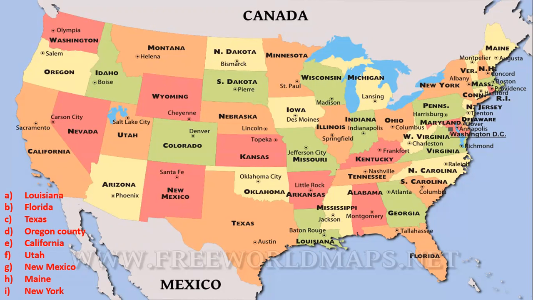Utah, California, and New Mexico, all these three were ceded by Mexico in 1848. And Mexico was purchased in 1853. Maine, New York, California, Florida, and Texas, these you have to locate. So all these you have to know about these places.